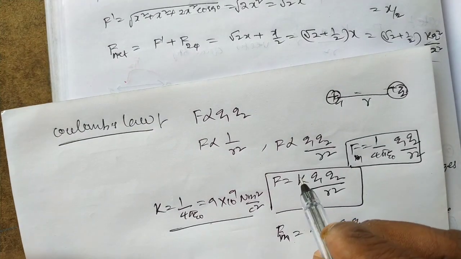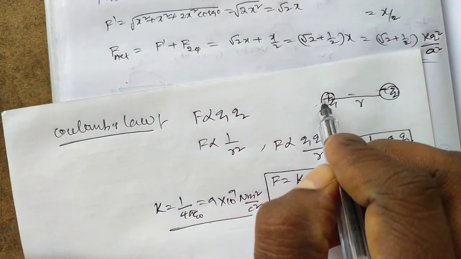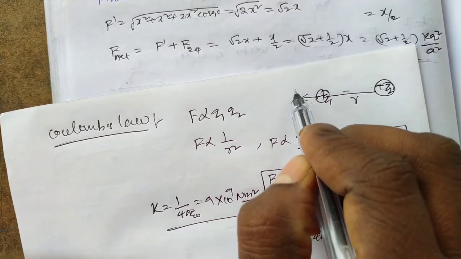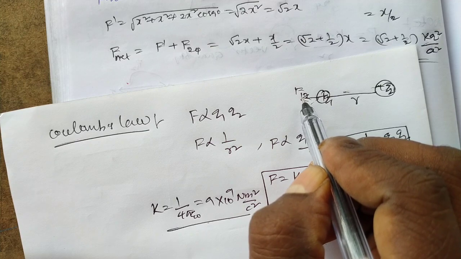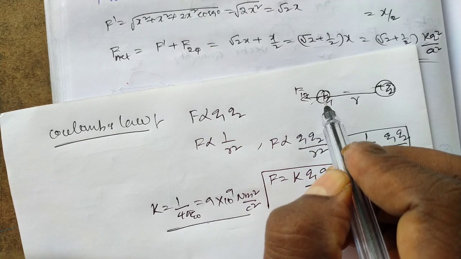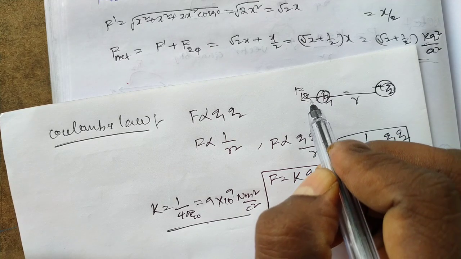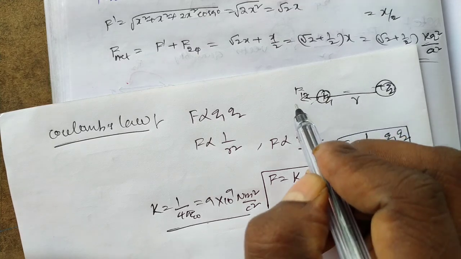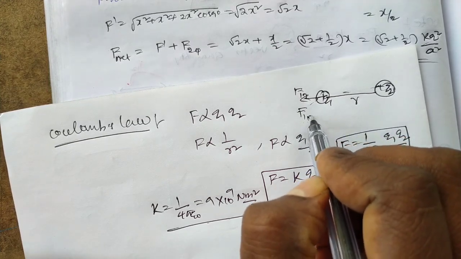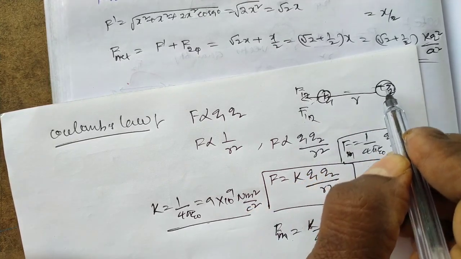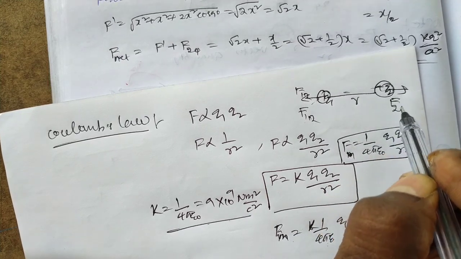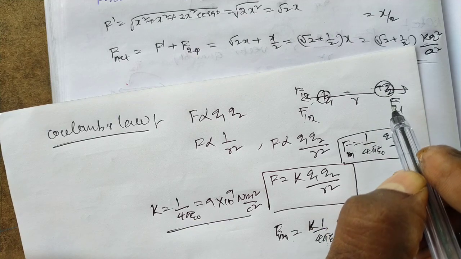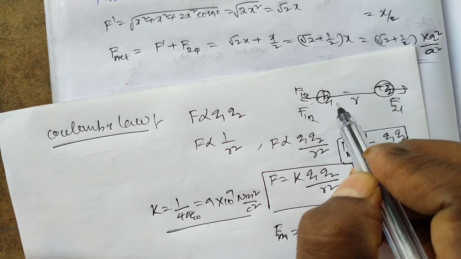Suppose F12 is the force on the first charge Q1 due to the second charge, and F21 is the force on the second charge due to the first charge Q1.